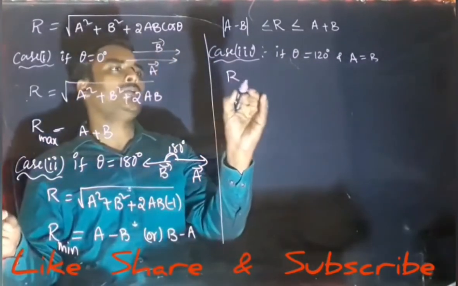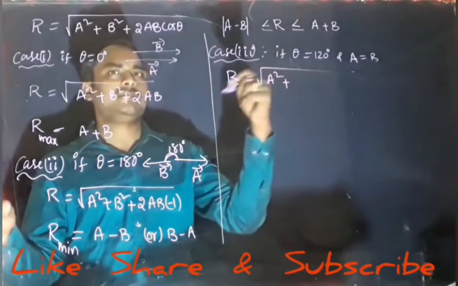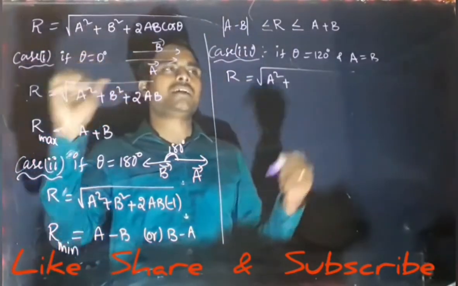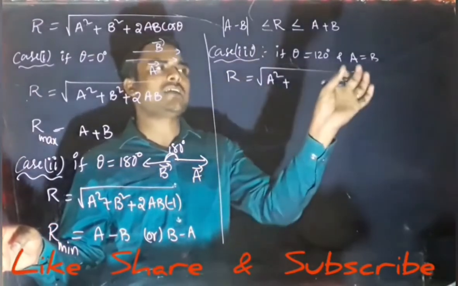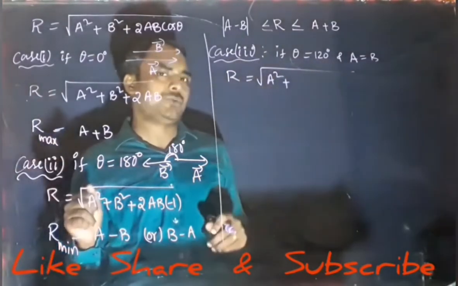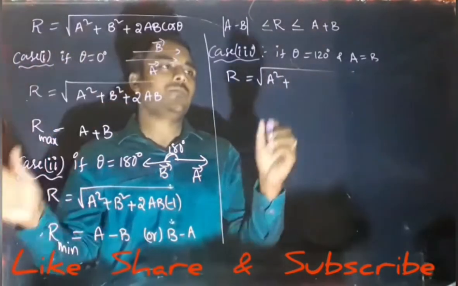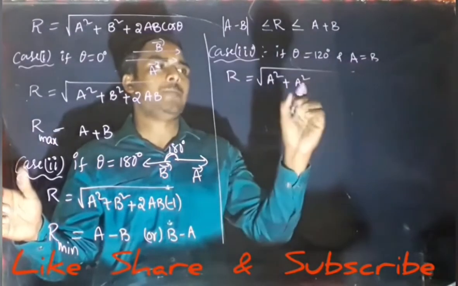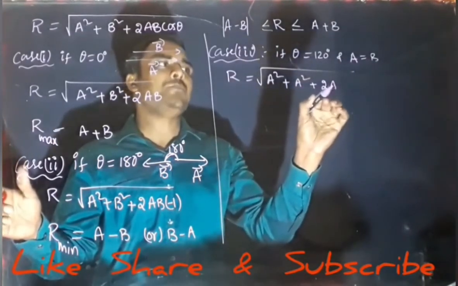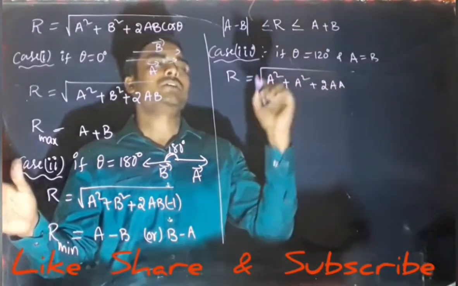So R equals under root A square plus B square plus 2AB cos theta. But A and B are equal in our example, they are not always equal. In our example, A and B are equal in magnitude, so let us write B also equal to A. In the place of B, we can write A: A square plus A square, plus 2A times A cos 120.